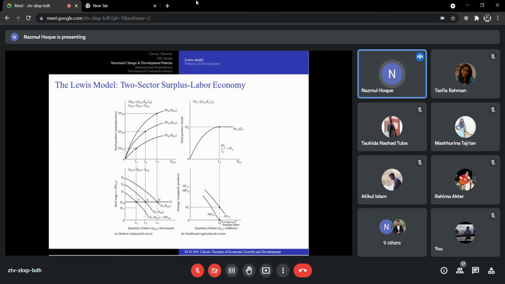So the modern sector would benefit from this increasing returns, but it is not going to accompany a similar development in the agricultural sector.